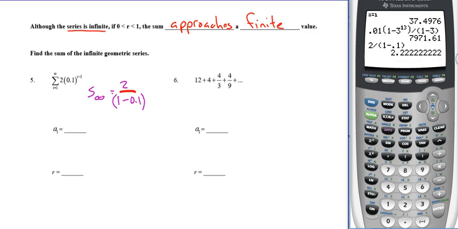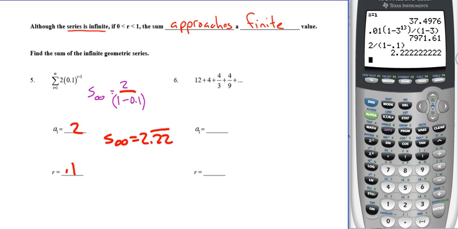A1 is 2, R is 0.1. So we plug it in, and we get the infinite sum is equal to 2.22. You can repeat that if you like.